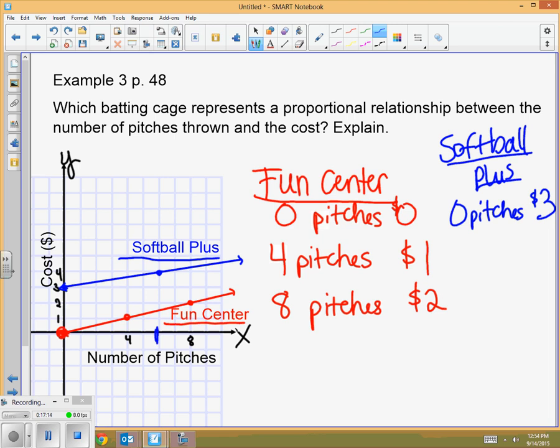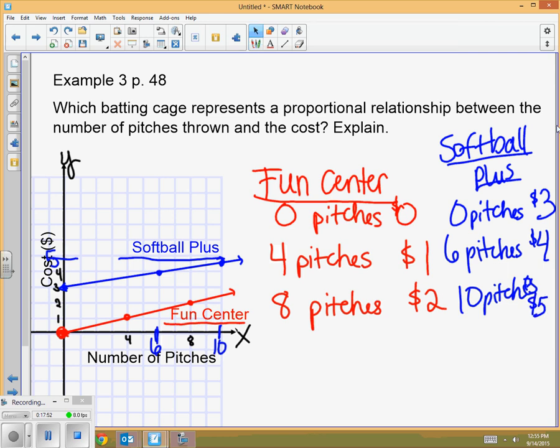At 6 pitches here, you have to pay $4. So for $1 more, you get 6 pitches. This one looks about 10 here, and at 10 you're paying about $4. Just by looking at the graph, I can see how much they have to pay. All right, so 10 pitches is about, I'm sorry, let's check that again. This is at 5. So it's about $5.